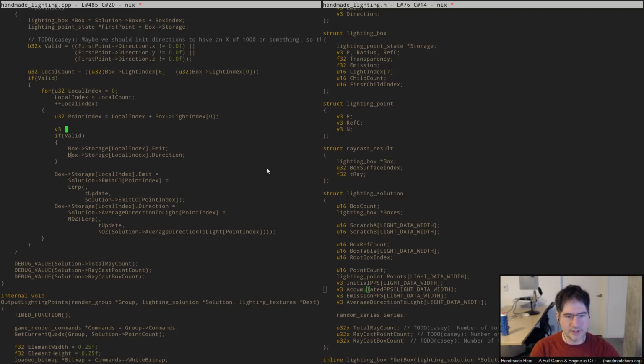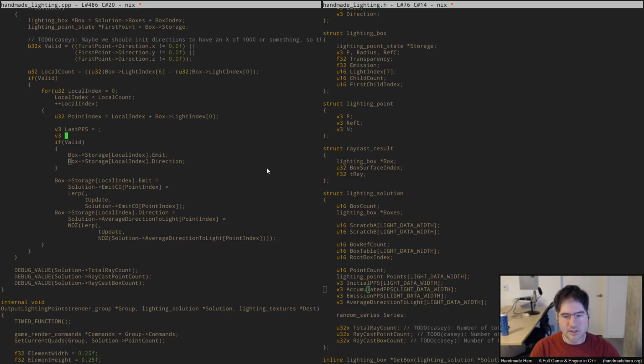Okay. So what we want to store here is our accumulated PPS, or our last PPS, right? And last direction. So these two values are going to be equal to the ones we're actually going to use.